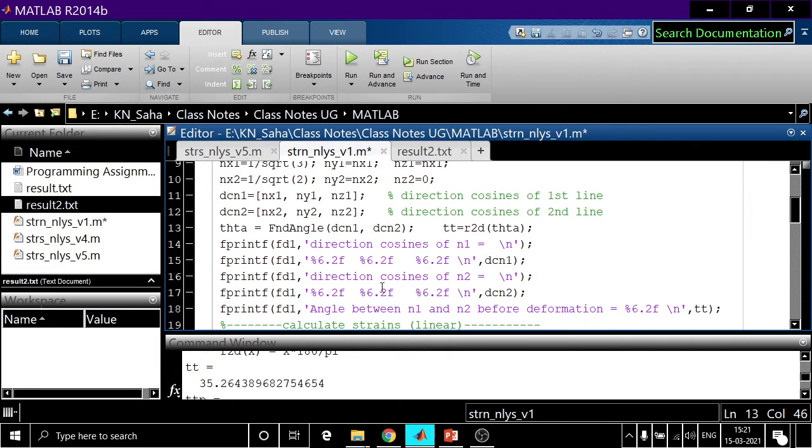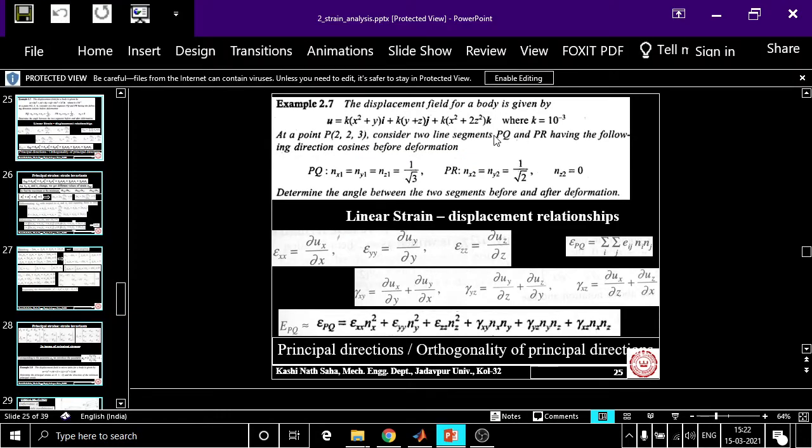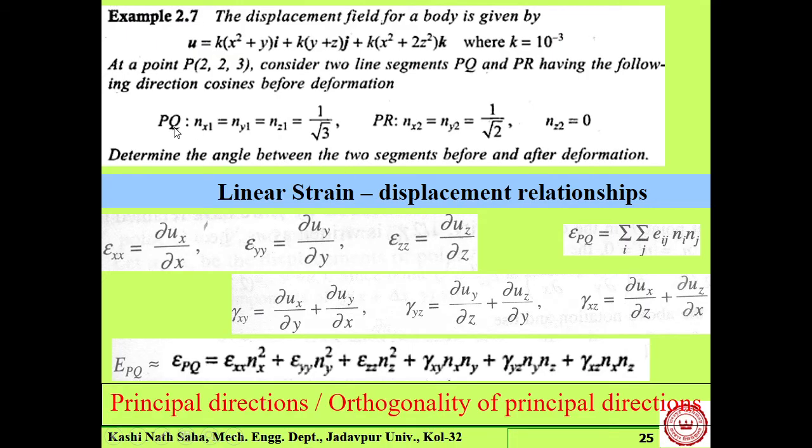Now, the next part. This is the problem. For these two lines, these are the direction cosines which were given. Now we have to find the change in the direction cosines of these two lines. Why will these directions change?